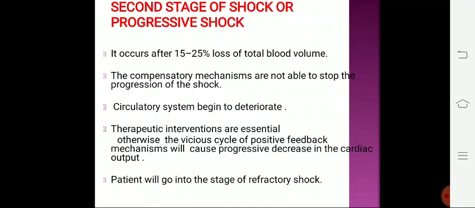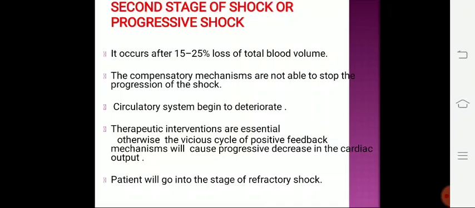Then we come to the second stage of shock, or progressive shock. This occurs after 15 to 25% loss of the total blood volume. In this stage, the compensatory mechanisms are not able to stop the progression of the shock.